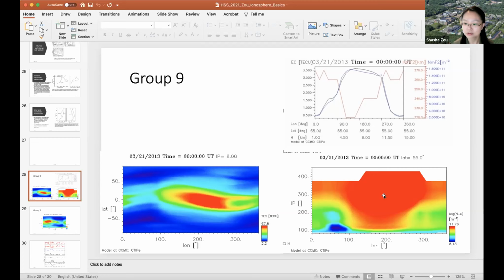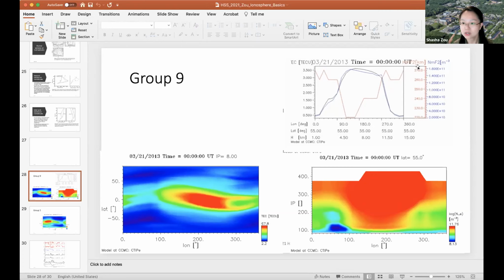So the NMF2 here, well, I need to adjust the color scale a little bit, but you can see the higher densities happen at higher altitude. Especially here, you can see more clearly that the HMF2 should actually be somewhere around 300 something.